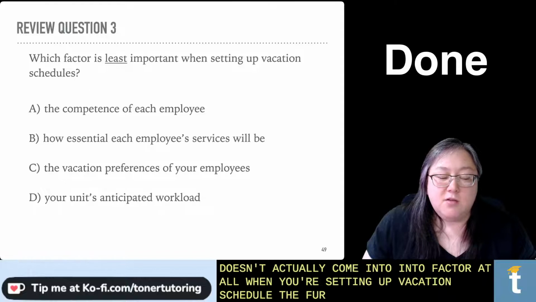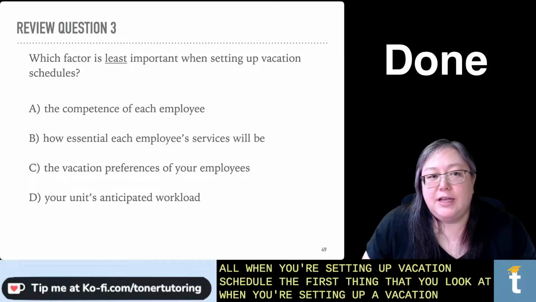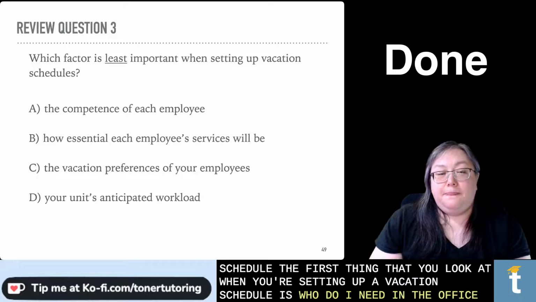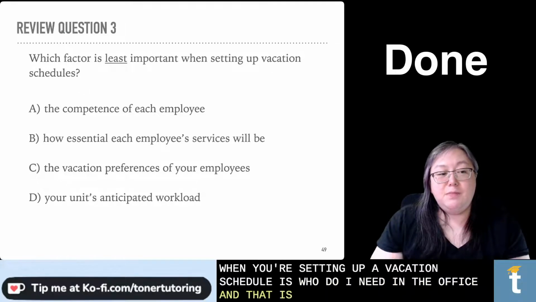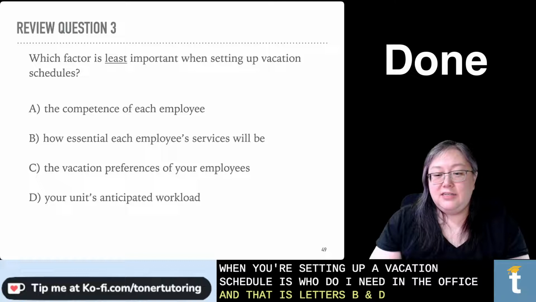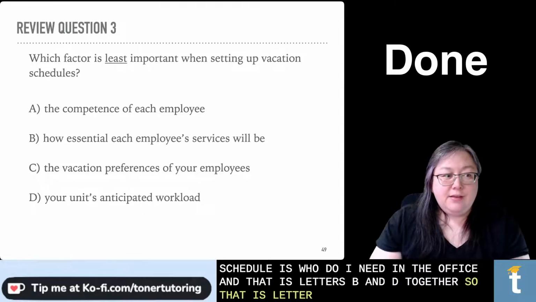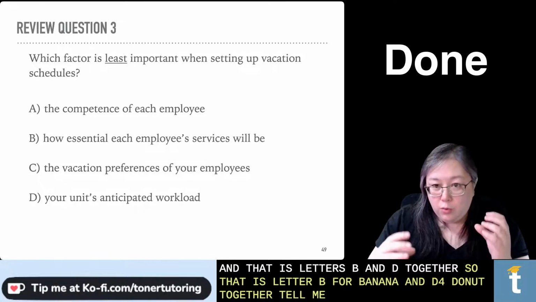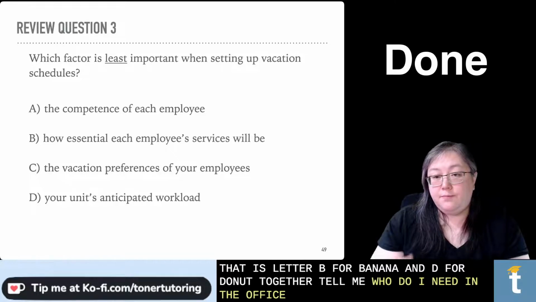The first thing that you look at when you're setting up a vacation schedule is, who do I need in the office? And that is letters B and D together. So that is letter B for banana and D for donut together. Tell me, who do I need in the office?